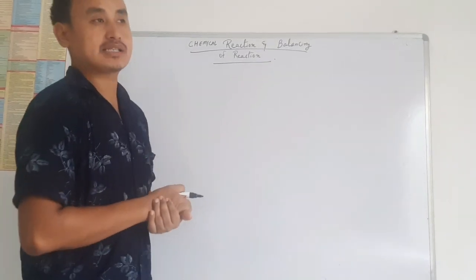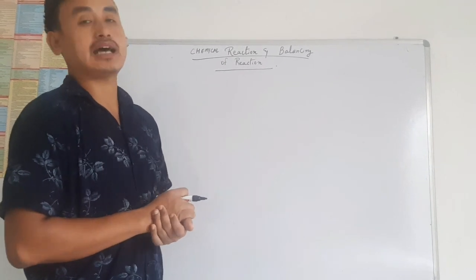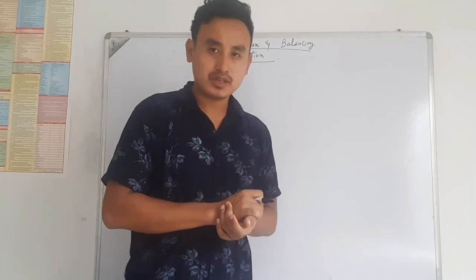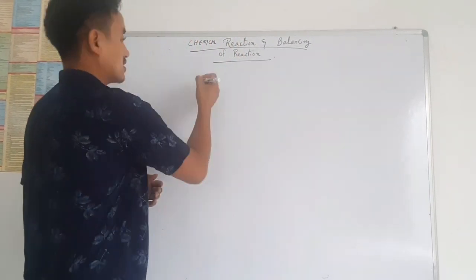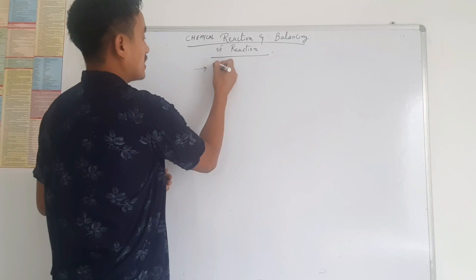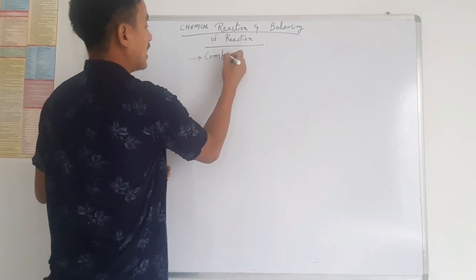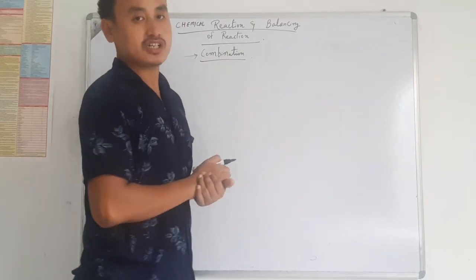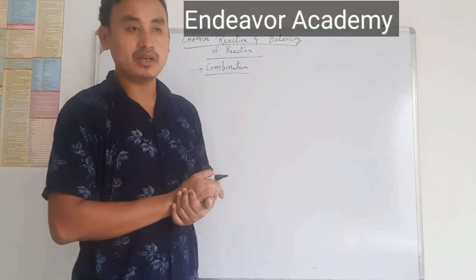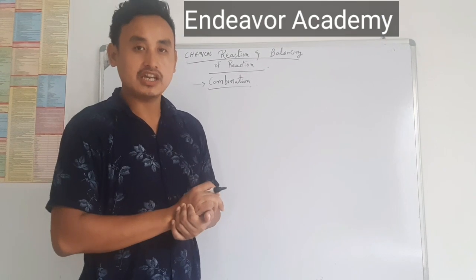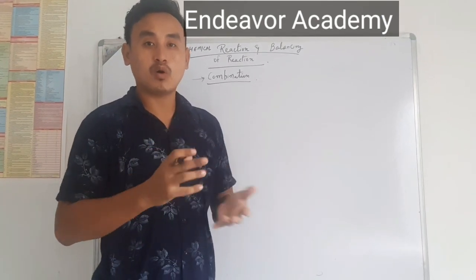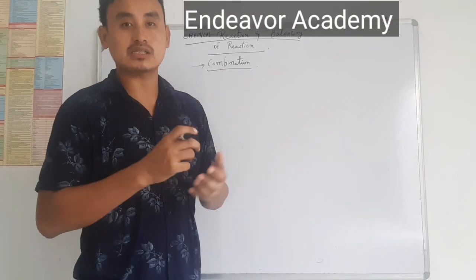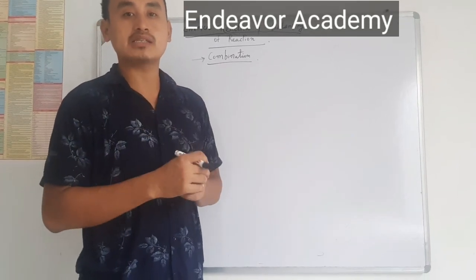Now we will discuss the types of chemical reactions. There are various types. The first one is called a combination reaction. As the name suggests, a combination reaction is a reaction in which two or more reactants or reacting species react to form a single product.